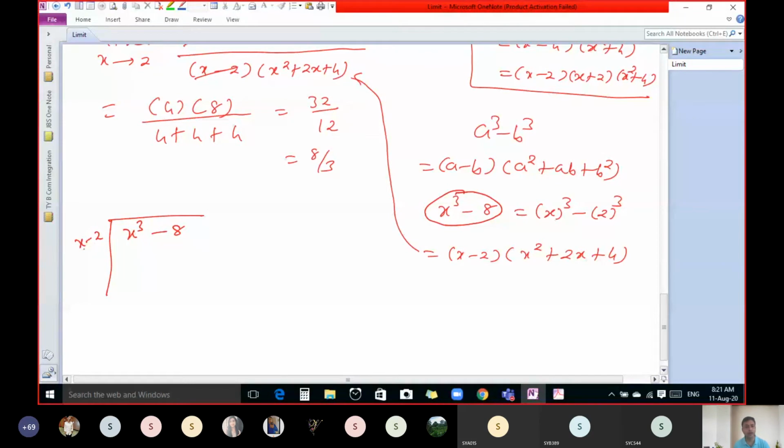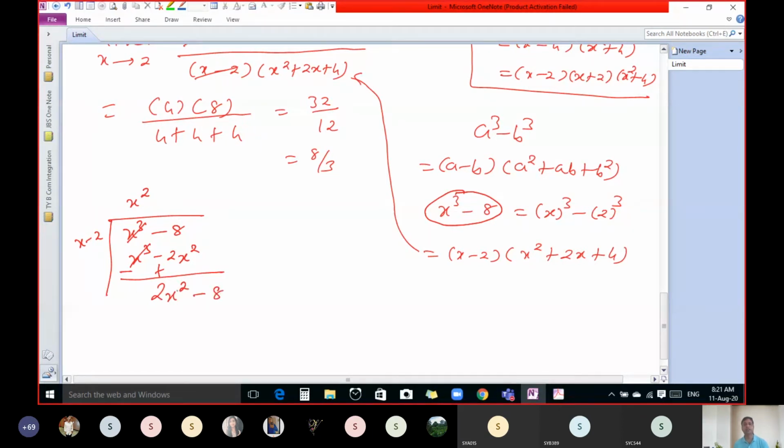Now first term divided by first term, x cube divided by x, that is x square. Multiplied by x square, we get x cube minus 2x square. Now change the sign, so minus plus, and x cube is cancelled. There is no x square here, so write plus 2x square as it is, and then minus 8 as it is.